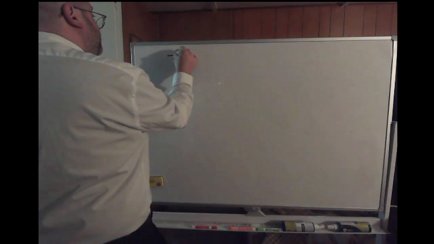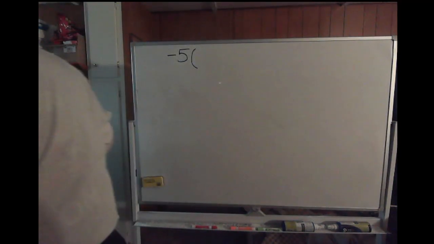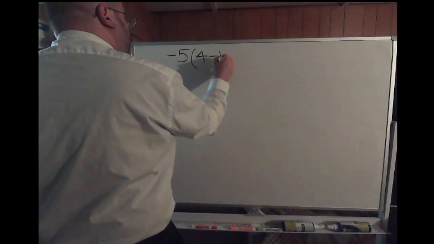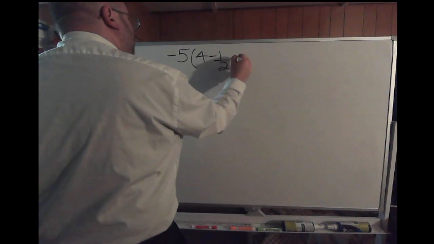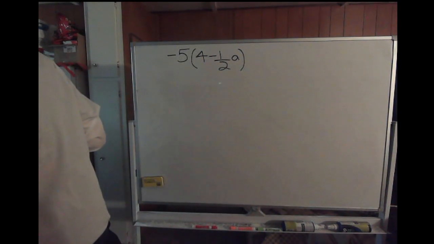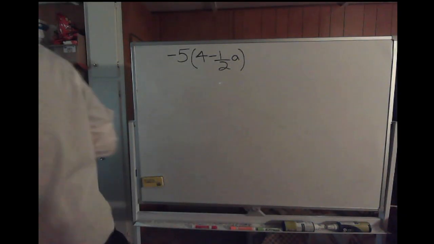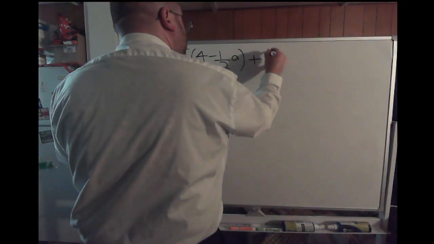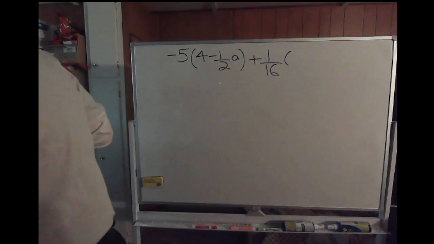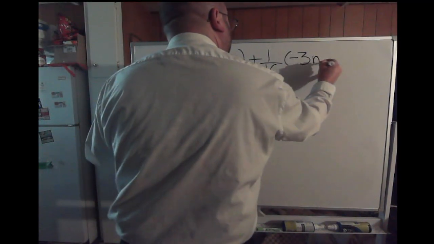Alright, let's see. We got negative 5 times the quantity of 4 minus 1/2 a plus 1/16 times the quantity of negative 32n.